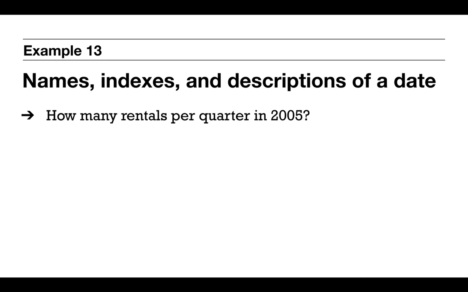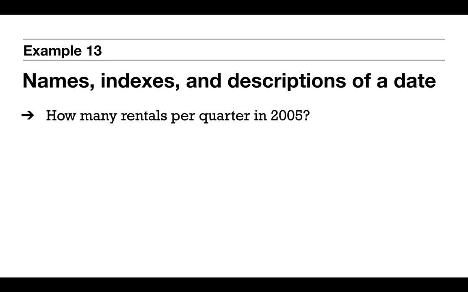But in this request, I'm going to figure out how many rentals per quarter in 2005. The function you want to use is QUARTER, and we're going to group on that. So just select from the rental table, and figure out how many rentals were made per quarter in 2005.